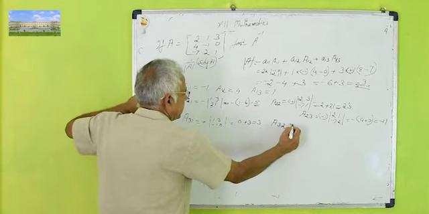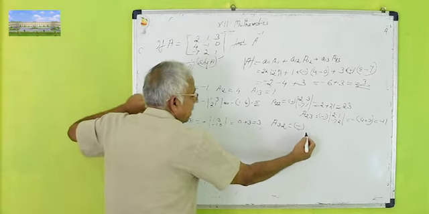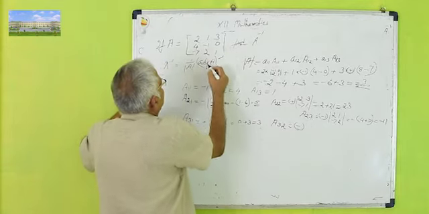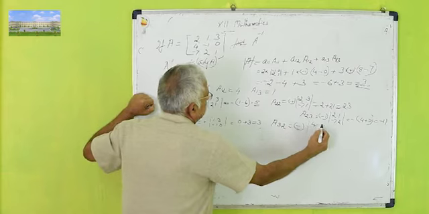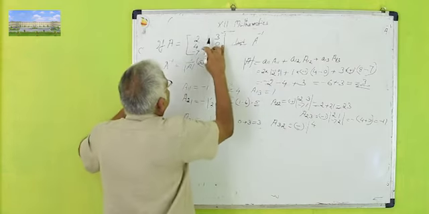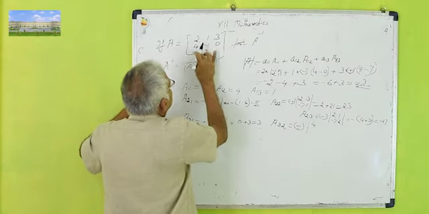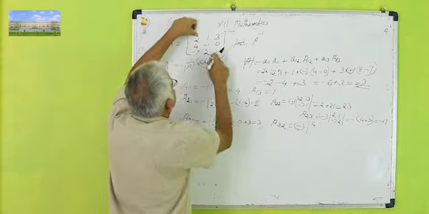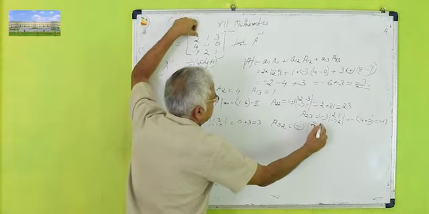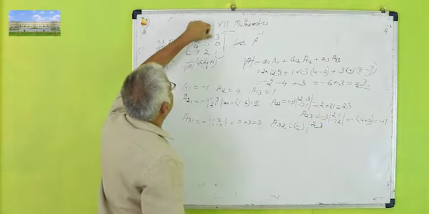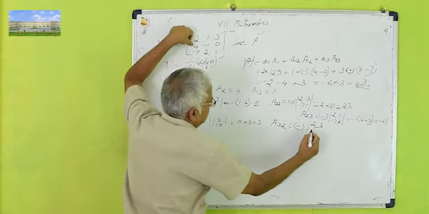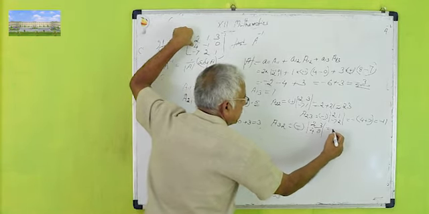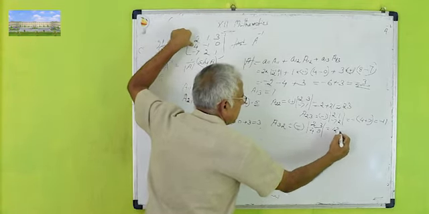A32 is equal to negative sign into delete the third row and second column, 2, 3; 4, 0. We get 0 minus 12 minus of minus plus 12.